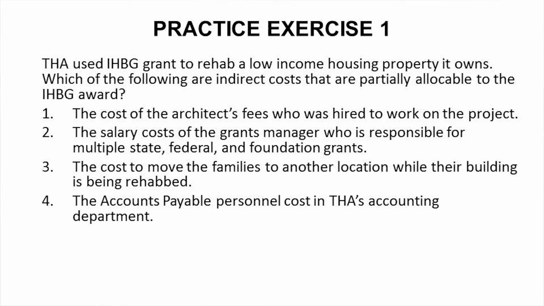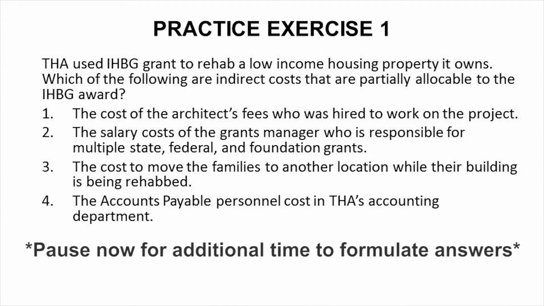Which of the following are indirect costs that are partially allocable to the Indian Housing Block Grant award? I'll just read them one at a time. You can say yay or nay, okay?